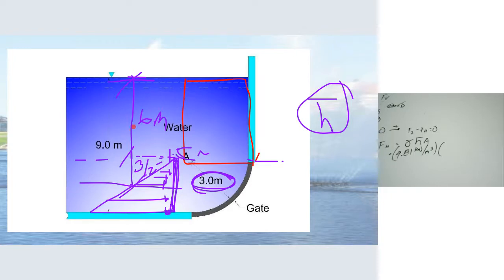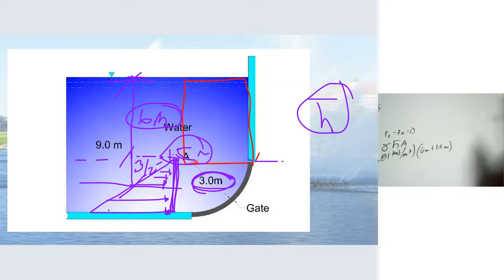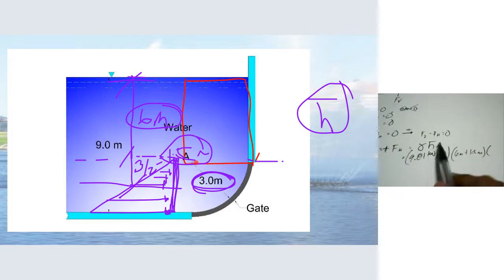So basically, this is 6 plus 1.5 meters, which is equal to 7.5. So let me just write here 6 plus 1.5 meters for us to not be confused. Okay, but this is 7.5. So that's h bar. And then we multiply the area.